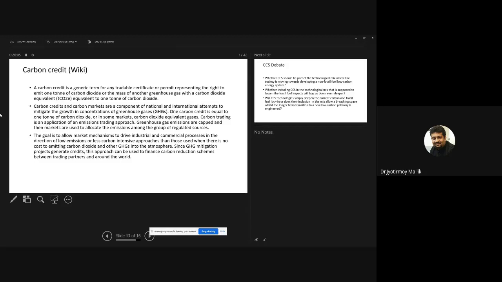Because nowadays, if I have a plant and I can emit as much carbon dioxide as I want, I just have to have a simple permit from the pollution control board, and that's it. Who knows how much carbon dioxide I am putting into the atmosphere? There are no regulations, and that is where the carbon credit will actually play a big role. Okay.